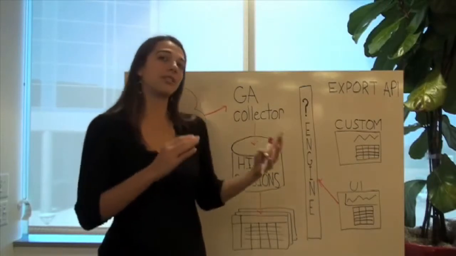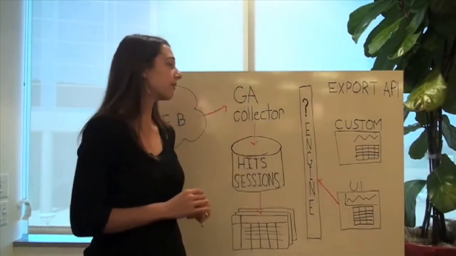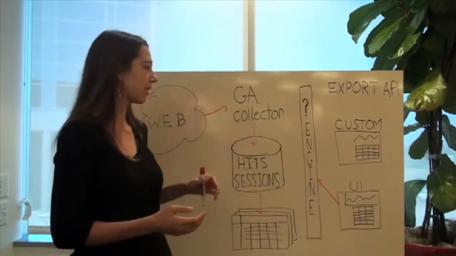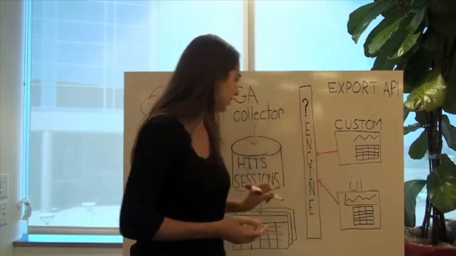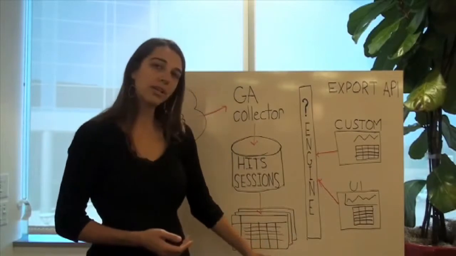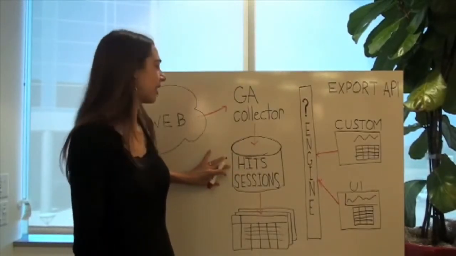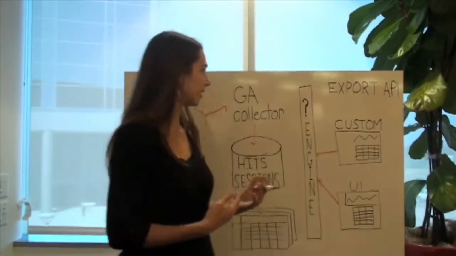What if you want to break down geographically the people that came with a particular keyword? What if you want to take people that followed a particular link and break them down by what browser they were using? The custom reports also hit this query engine, and they have the full expressive power to look at our pre-tabulated answers and also to dive back into the full history and tabulate on the fly whatever question it is you want to ask.